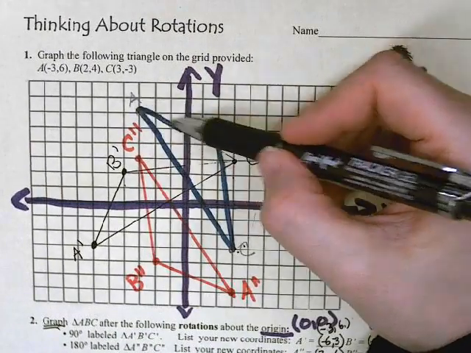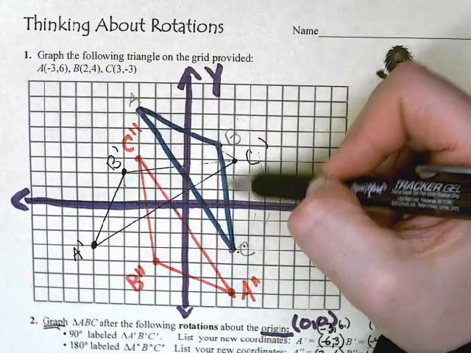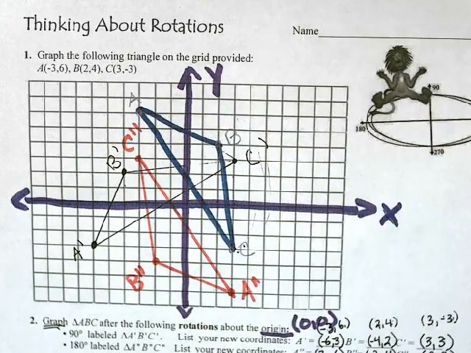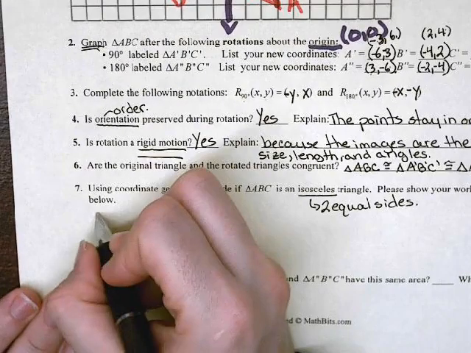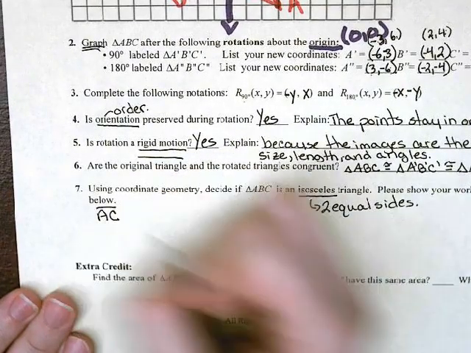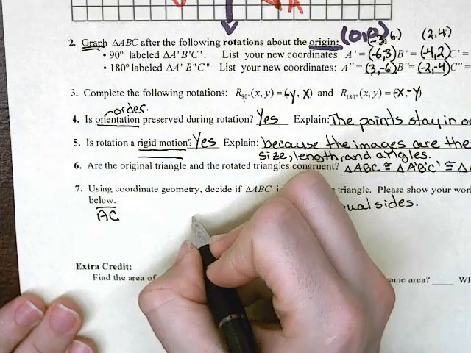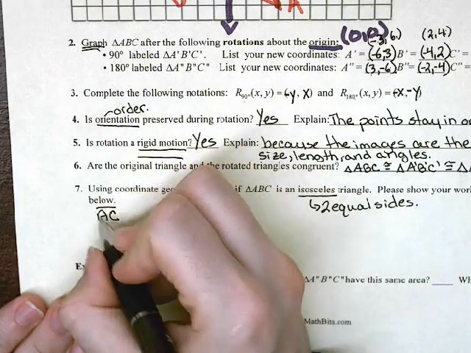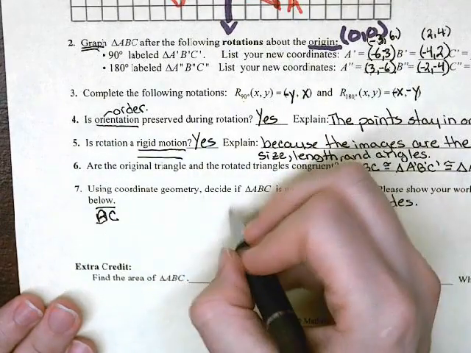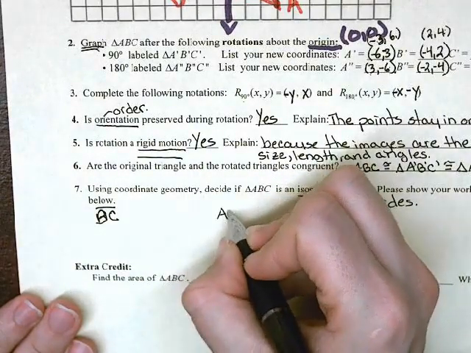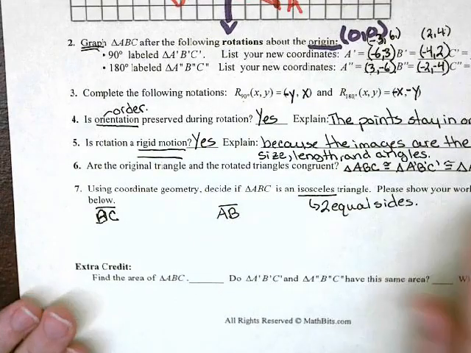So it looks like side AB should be equal to side BC, but we need to prove that. So I'm going to prove or disprove, sorry, that should be BC, and the length of AB. I'm going to determine if they are the same or not the same.